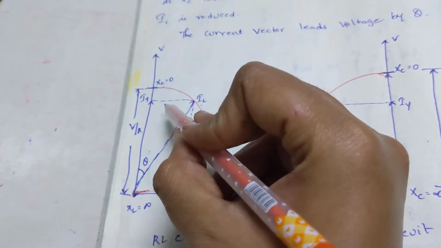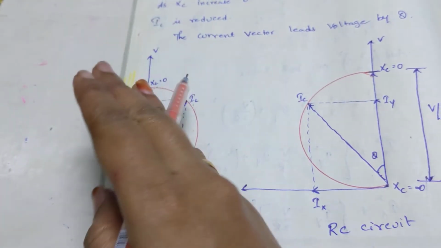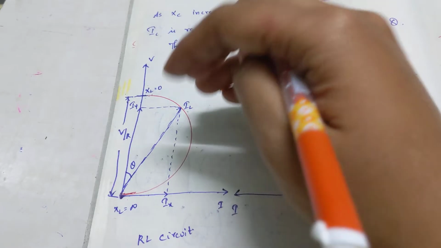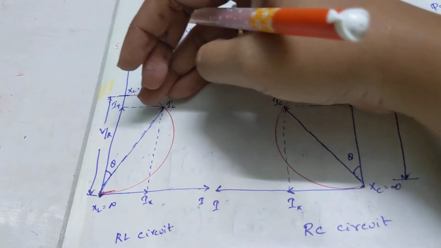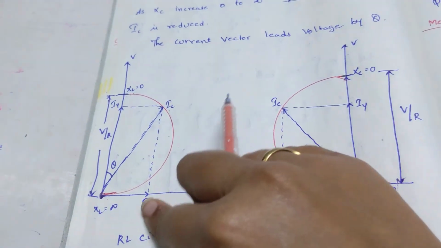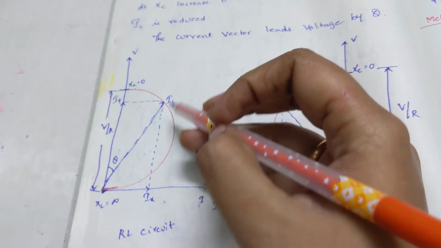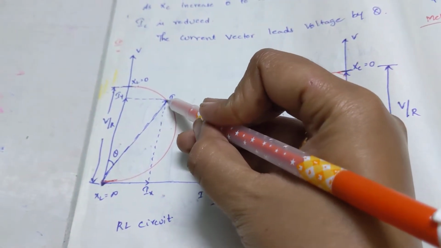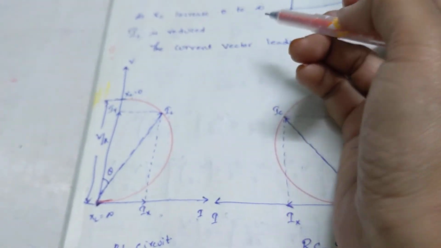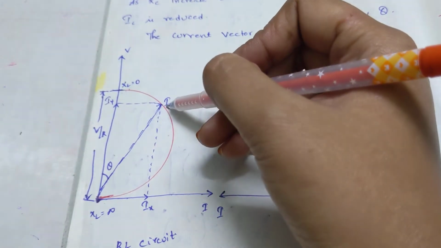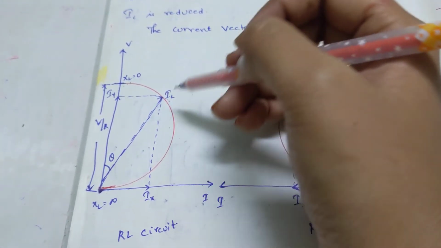When the reactance value is increasing, the current phasor tends to move. Here I am considering an arbitrary value of this current phasor, which can be divided on the x-axis as well as the y-axis.